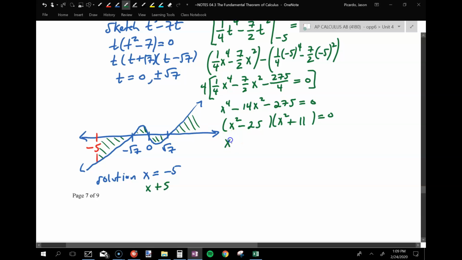So I get solutions of positive and negative 5. Now, why do I not care about this? Because the root of this is what? Not negative, but imaginary. X squared plus 11 is never going to equal 0, right?